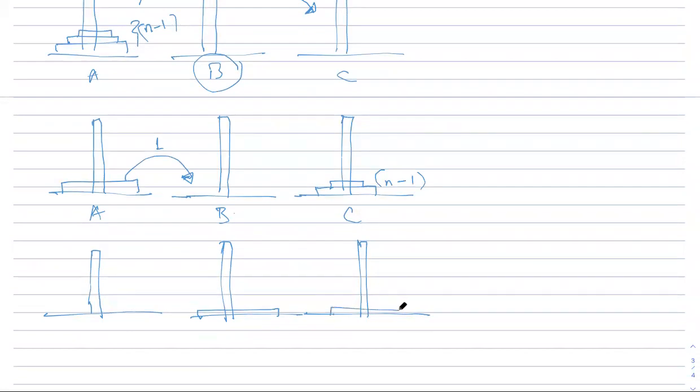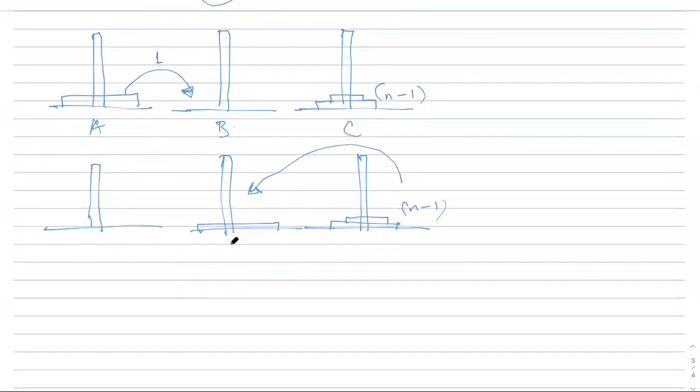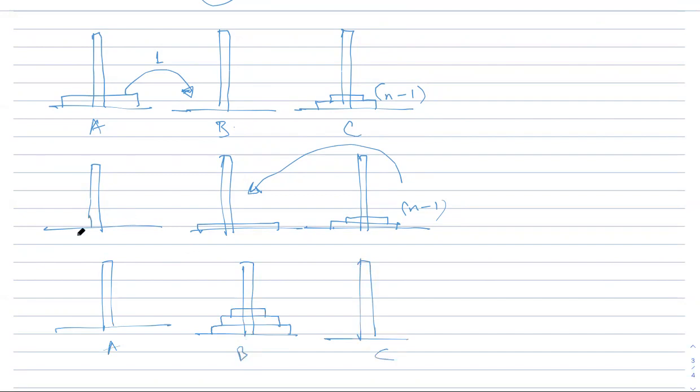So you just move these n minus 1 disks from here to here, and then we reach this configuration. So you have the largest disk and then the smaller disks. So this is again A, B, C.